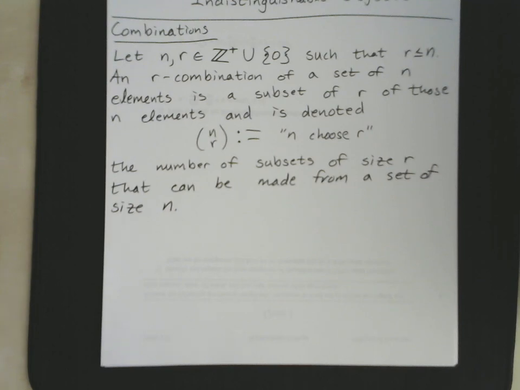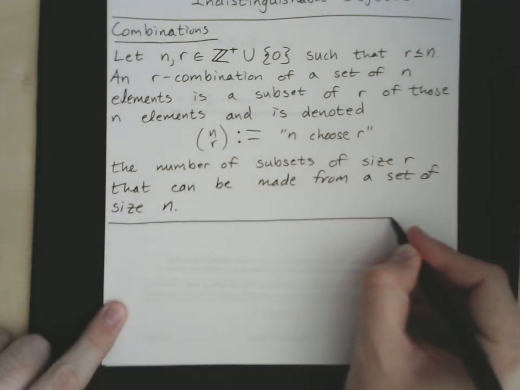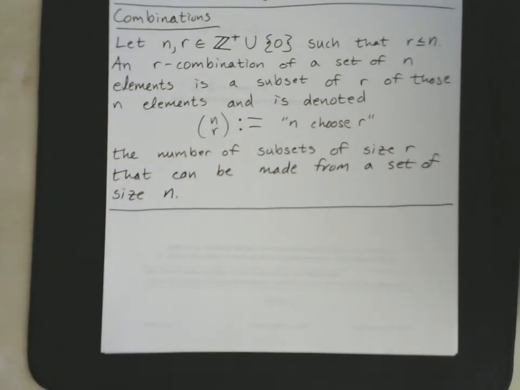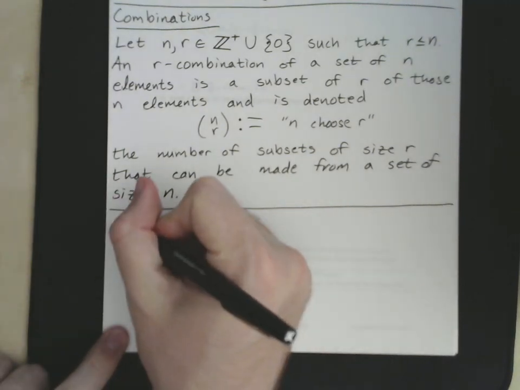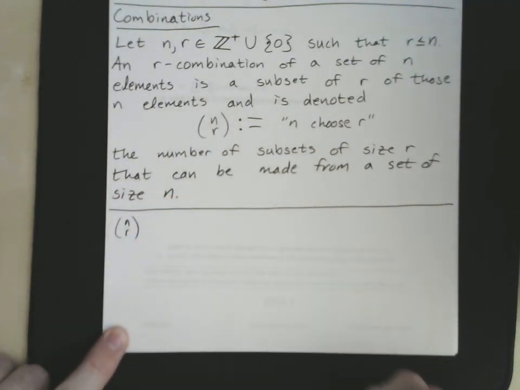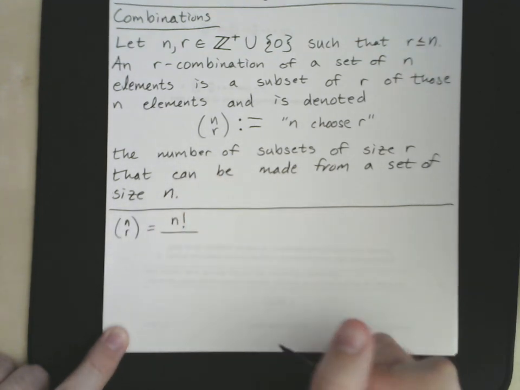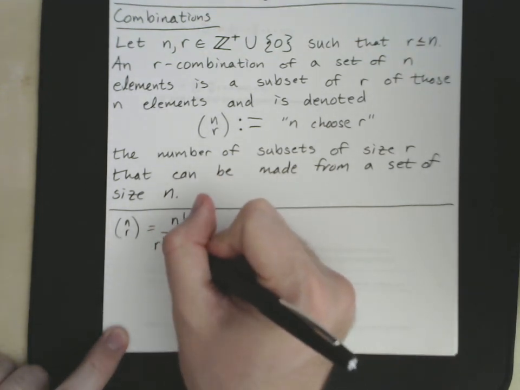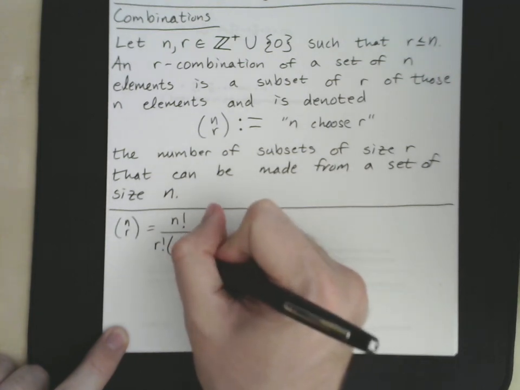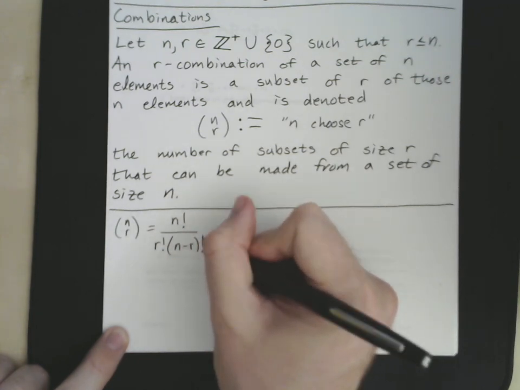The difference between combination and permutation is that combinations look at subsets, whereas permutations looked at orders, and they are related. They're not isolated. Remember, permutations dealt with factorials, and combinations do as well. So n choose R is defined as n factorial over r factorial times n minus r factorial.